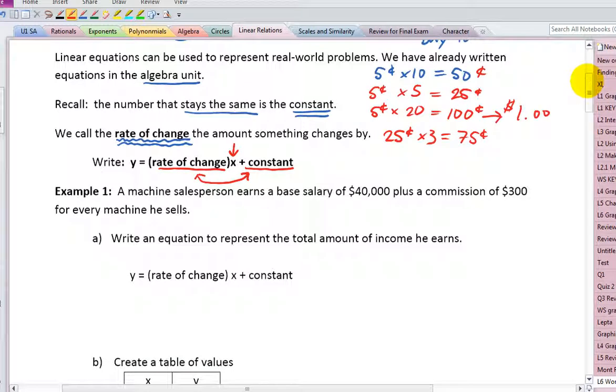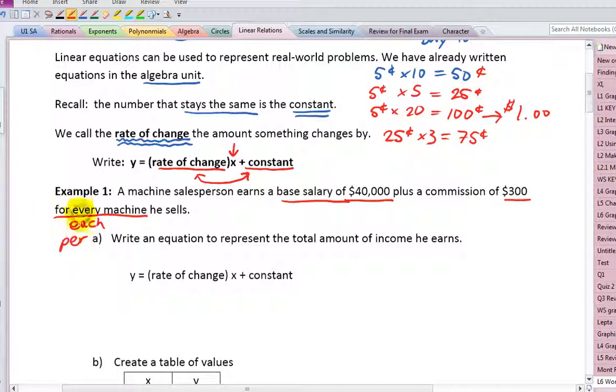Okay. A machine salesperson earns a base salary of $40,000 plus a commission of $300. So what's the important stuff that you should underline? You should underline the base salary of $40,000 plus the commission of $300 for every machine, or each machine, or per machine that he sells.